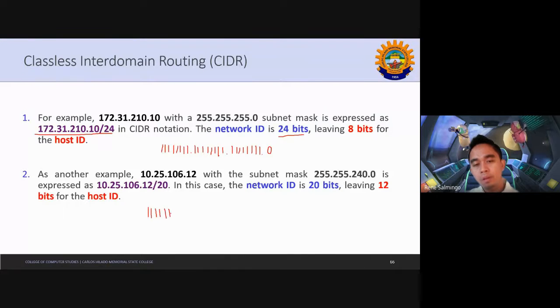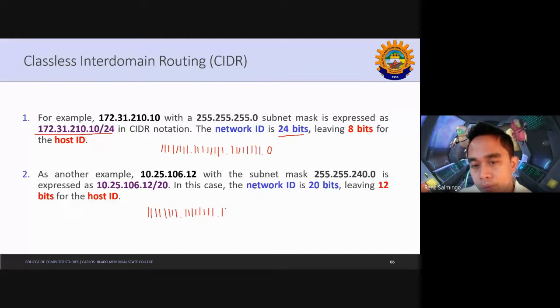You have 8 ones for the first octet, and you have the second octet, and you have another 255. So 255, and how do you generate 240? 192 plus, how do you generate 240?